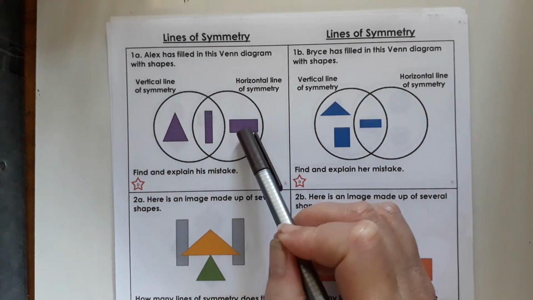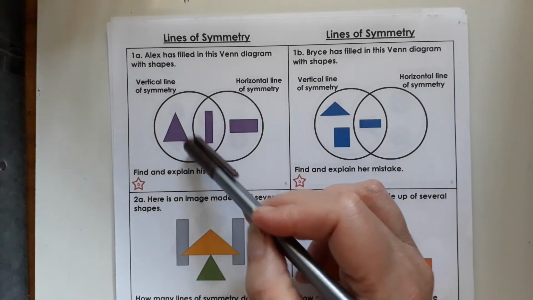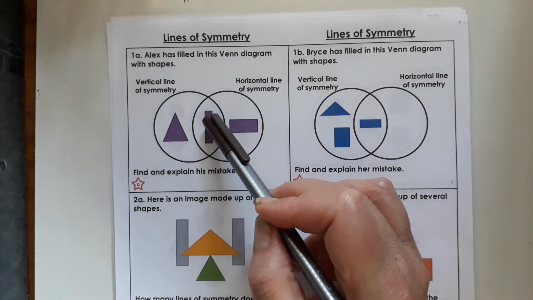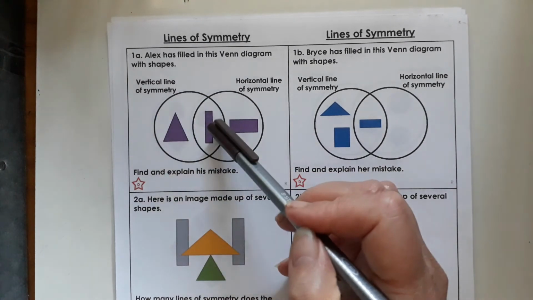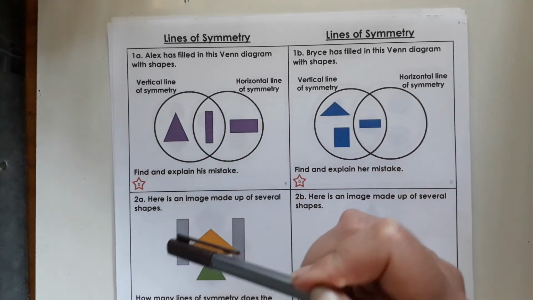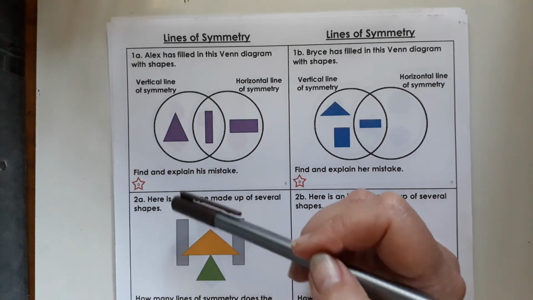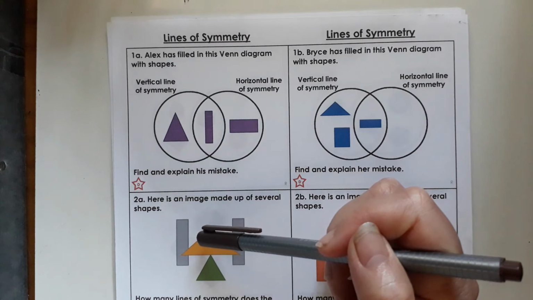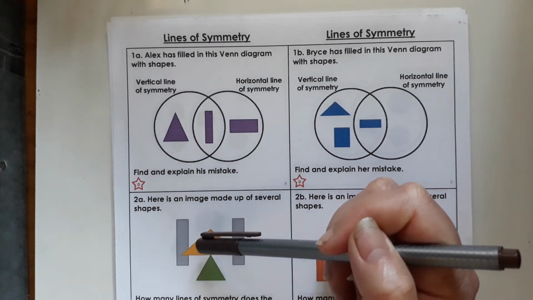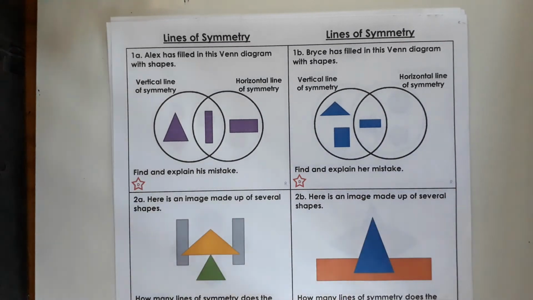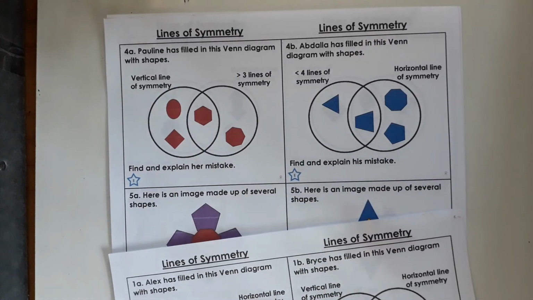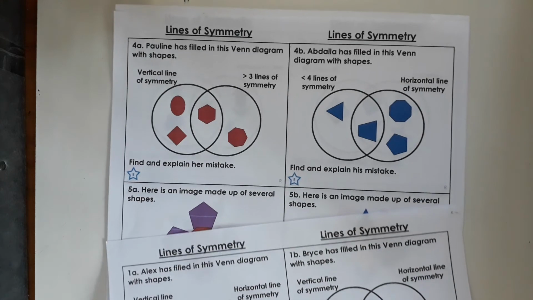And the shapes where the circles overlap have to have both a vertical and a horizontal line of symmetry. So it's just a way of sorting shapes. They get a little bit more complex as you go through.